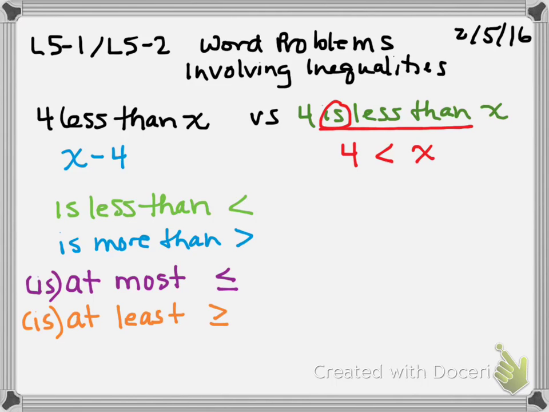Okay. Let me think if I can find any others. Okay, here's a couple more. This one is no more than. So think about it this way. You can have no more than 2 cookies. So what are your options? Yeah. You can have 2 cookies or you could have less than 2 cookies. So this would be another less than or equal to. And then its counterpart would be no less than.